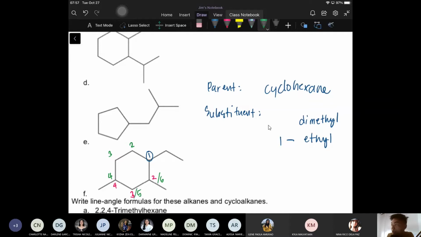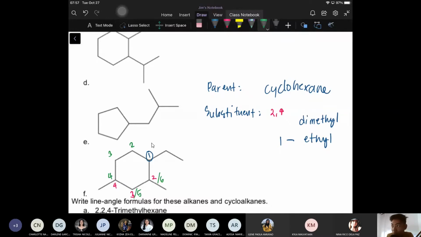Okay. So, if I number my rings clockwise, right to left, no? Kapag clockwise yung aking pag-number, this methyl will have a substituent number 2, and this one will have a substituent number 4, no? So, 2, 4.